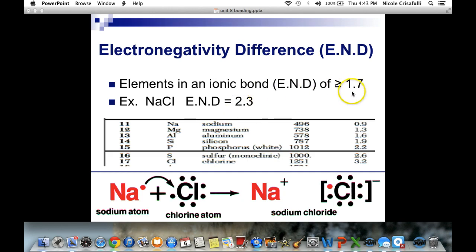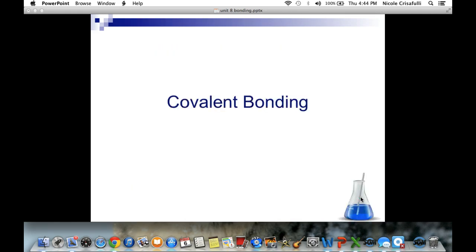Since 2.3 is greater than 1.7, we definitely have an ionic bond. These electrons are not being shared evenly at all. Chlorine wants it and takes that electron away from sodium to make both sodium and chloride stable.